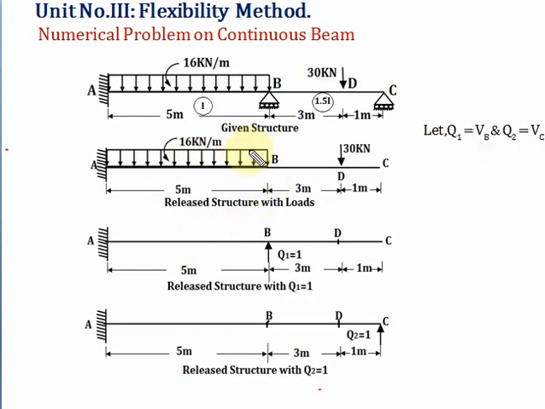Now the next step is, if you see in the given figure, in the first figure the given structure is shown. Now the second figure is the release structure with load.